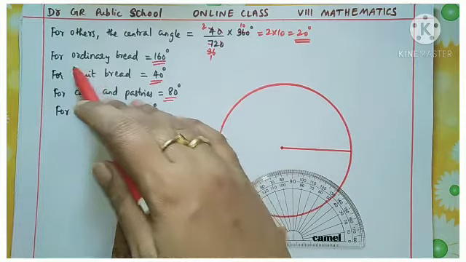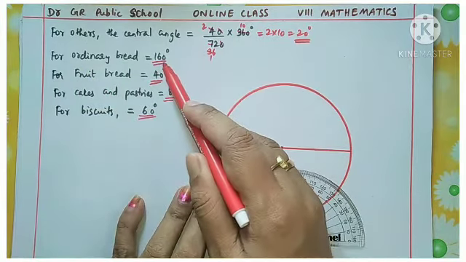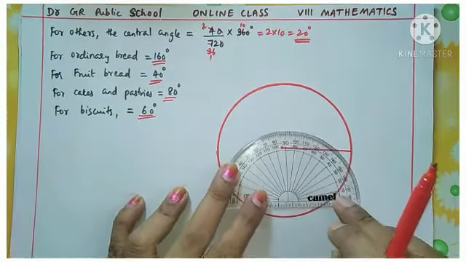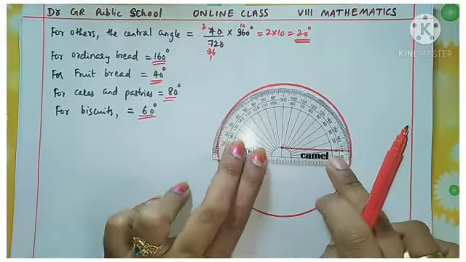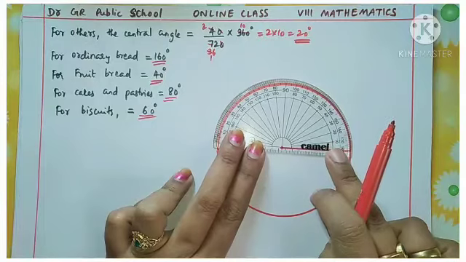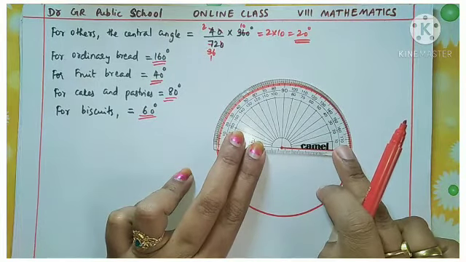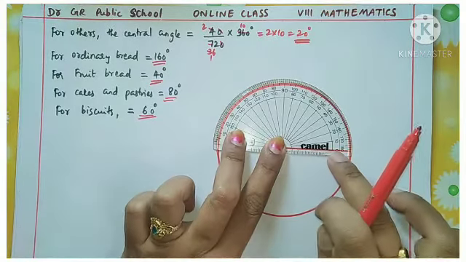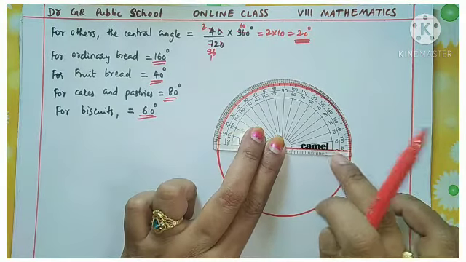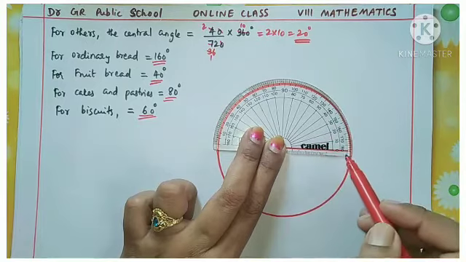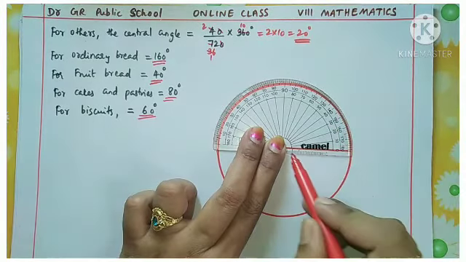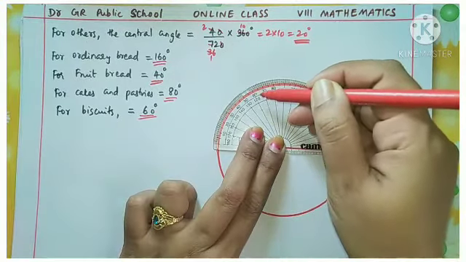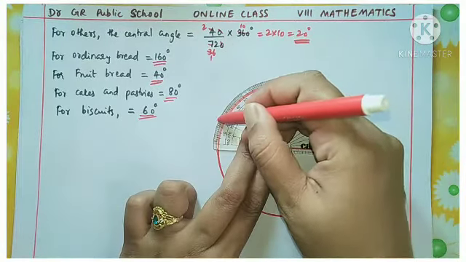Now first I am going to take the angle for ordinary bread. Ordinary bread, what is the angle? 160 degrees. So what I am doing, I am going to keep my protractor in the center of the circle, with the radius coinciding with the protractor. Now mark 160 degrees. So for 160 degrees, you look at this side, and it is an obtuse angle, so it will come here.